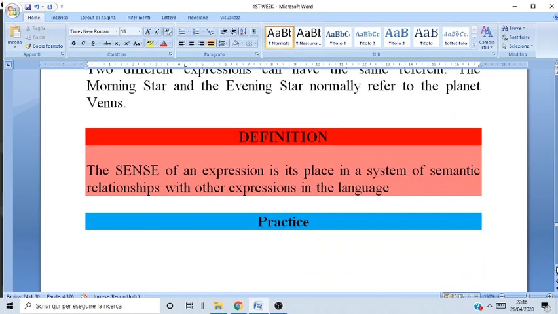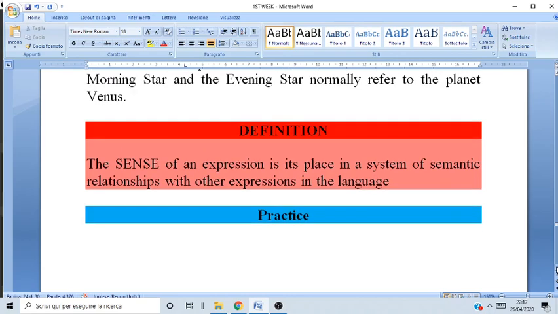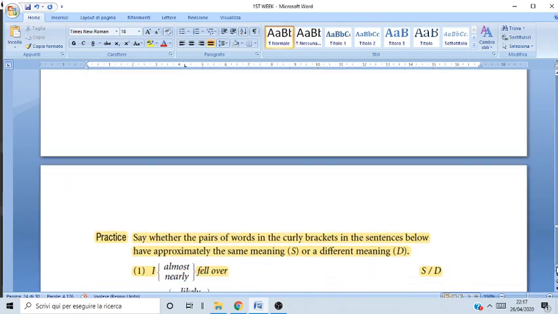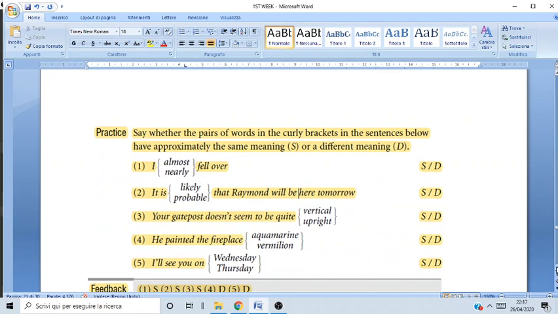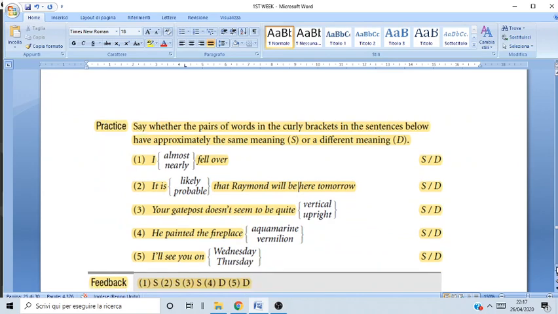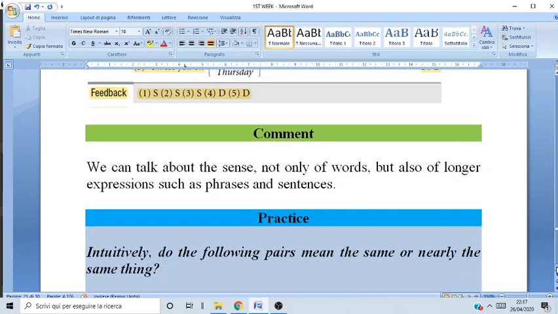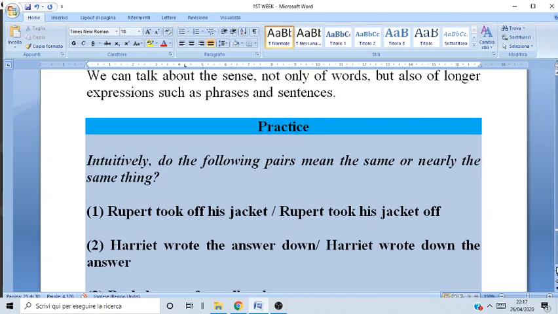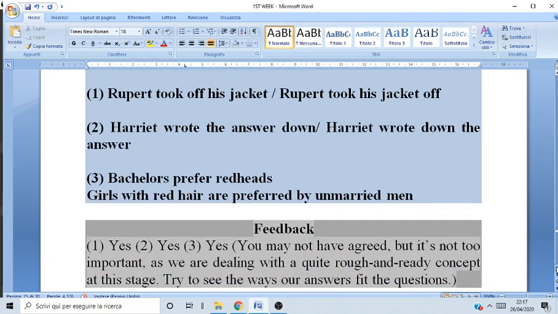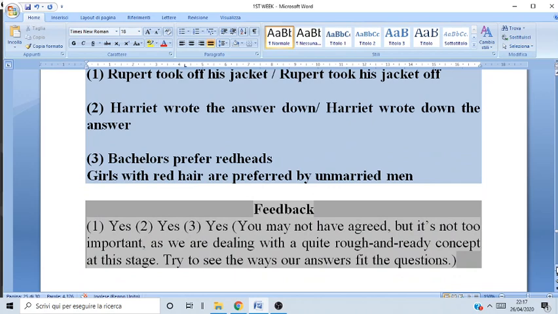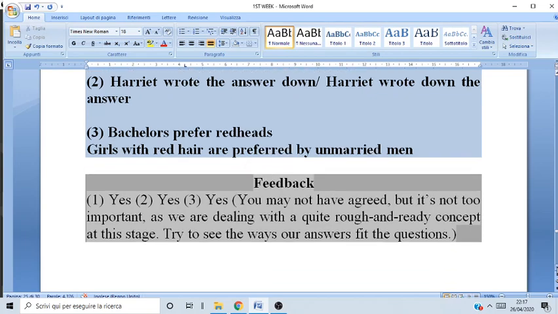Then we looked at the word sense. That, for now, I told you to interpret it as the word meaning. And we can talk about the word sense, not only just for a word, but also for sentences or phrases.